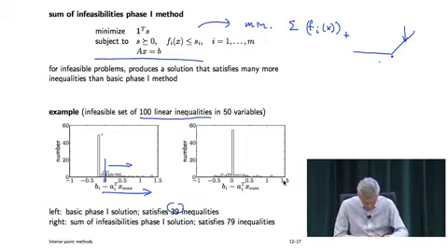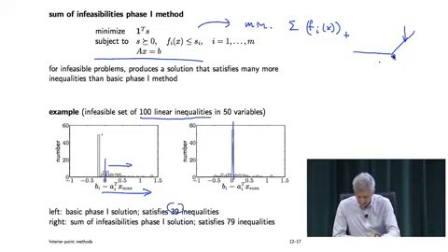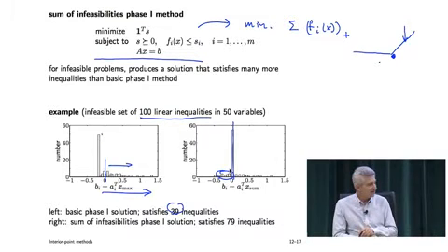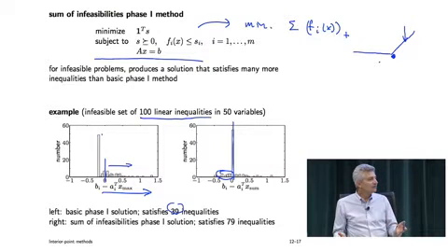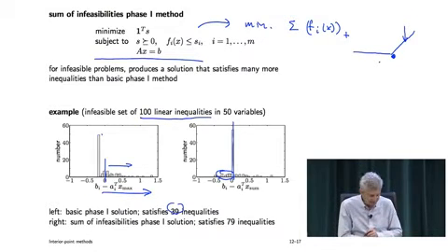What it says is that many of them are satisfied, right? There's a big bump right there. That's a whole bunch of things that ended up right there. It was just as easy. And you have a handful out here that are the ones you cannot satisfy, and so on. Now, this does not compute the point that violates the fewest inequalities, right? It doesn't do that. It's a heuristic for that, but you can see what it does.